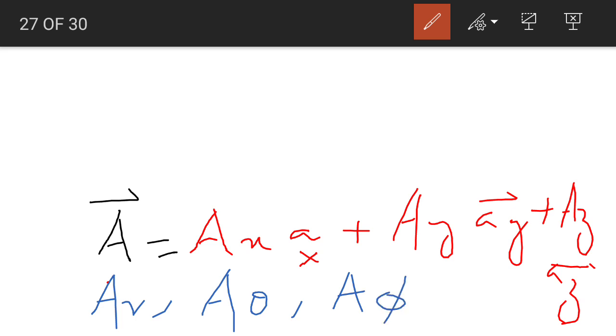So if you want to transform this vector from the rectangular coordinate system into the spherical coordinate system, you will have to calculate A r, A theta, and A phi. Once we calculate these three components, we can represent the same vector in the spherical coordinate system.